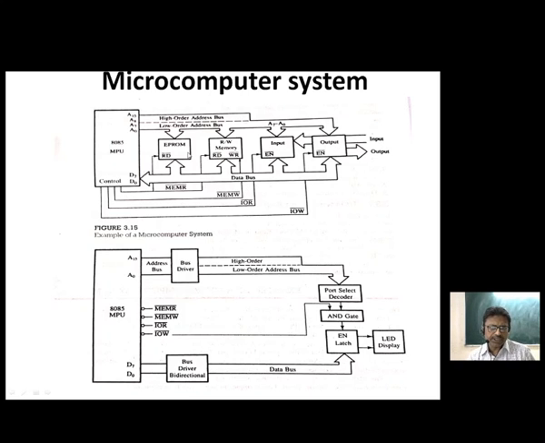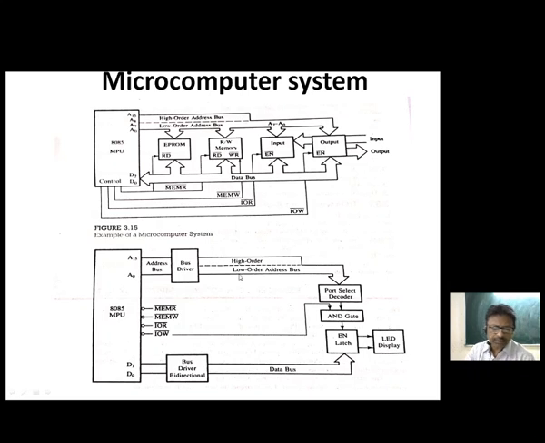And this data bus is connected with all these units so that data can flow from the processor to the memory or the output device, or from the input device or the memory to the microprocessor. This also shows 4 different control signals: memory read, memory write, input output read, and input output write.